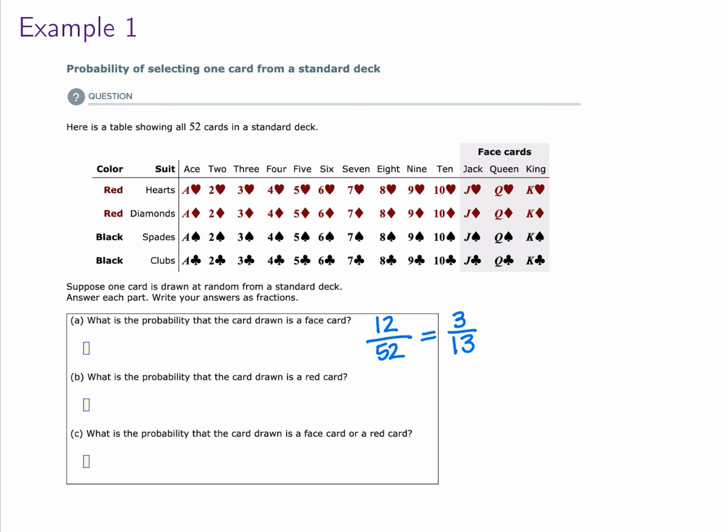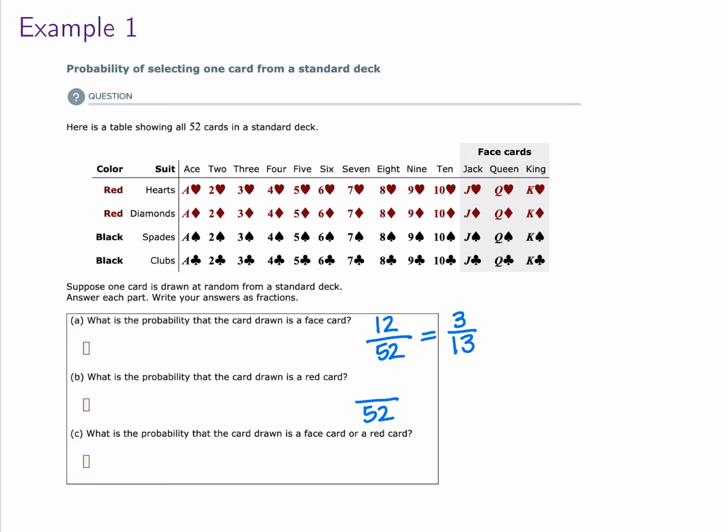What is the probability that the card drawn is a red card? Okay. Well, again, we have 52 possibilities, so our denominator is 52. When we're doing probability and we have equally likely outcomes, the number of equally likely outcomes can be our denominator. For our numerator, we'll look for the number of outcomes that match the situation at hand.